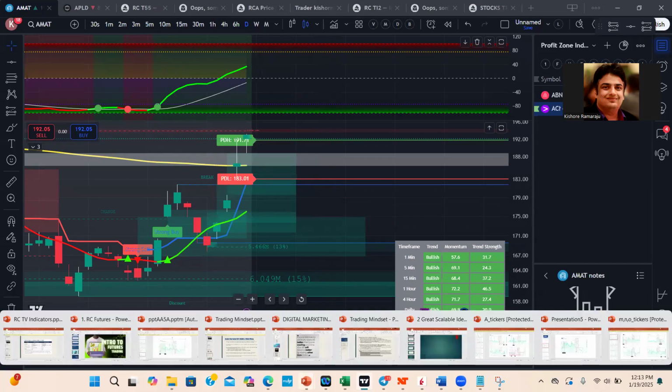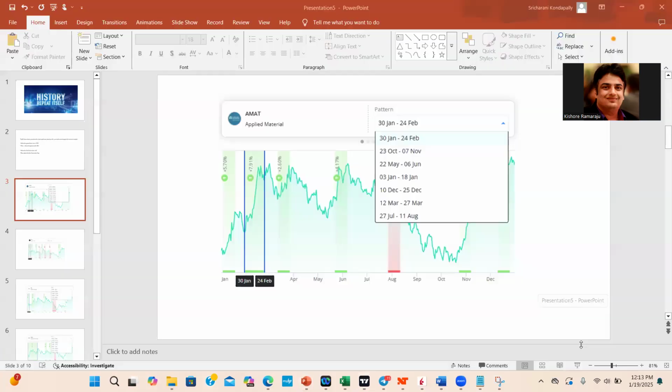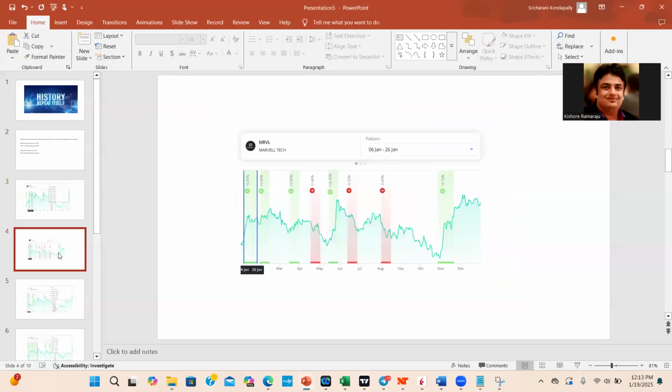Let us see multiple examples so that you will understand. Then Marvel, right? 6th Jan to 26th Jan is the first profit zone indicator, right? So let's go to Marvel.